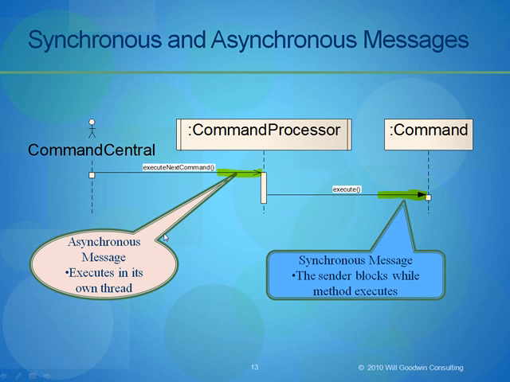But the asynchronous message, the stick arrowhead here, represents the message being sent to an active object, our command processor, whereas the filled-in triangular arrowhead represents a synchronous message being sent to a passive object. If you remember, the passive object executes in the thread of the caller, whereas the active object has its own thread of execution.